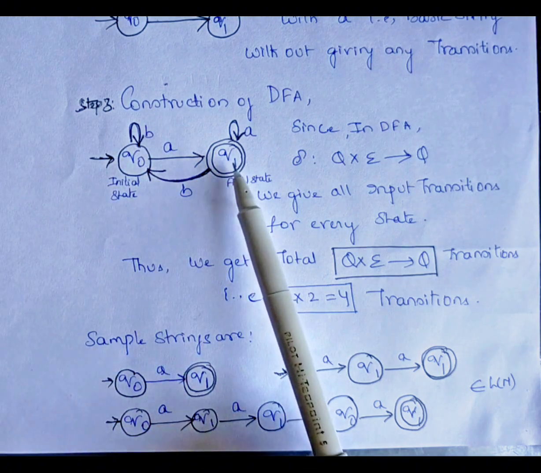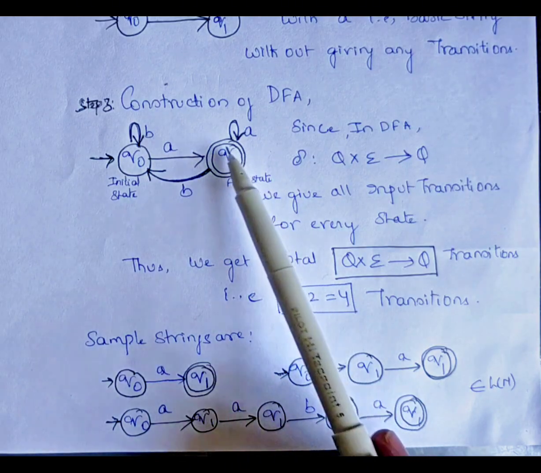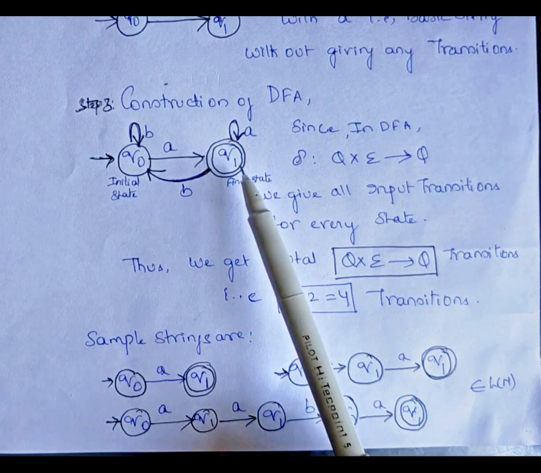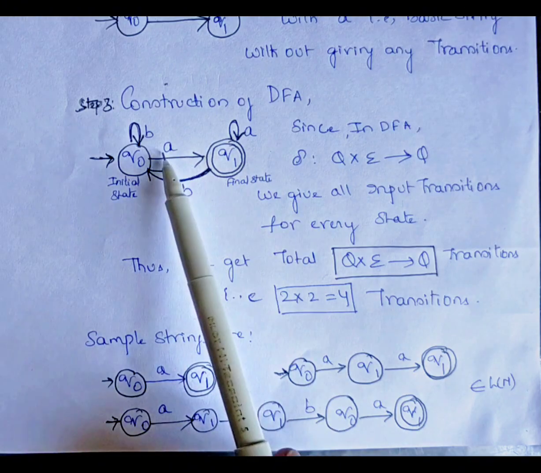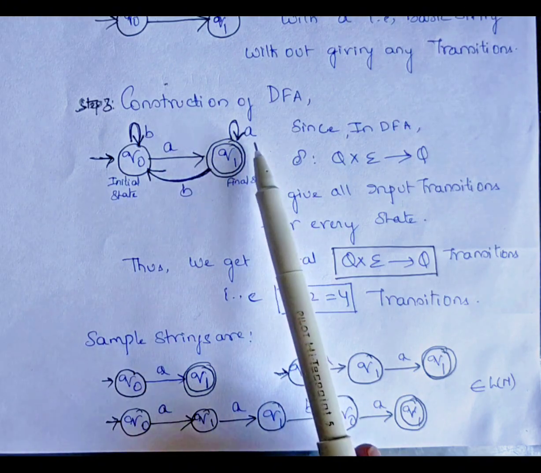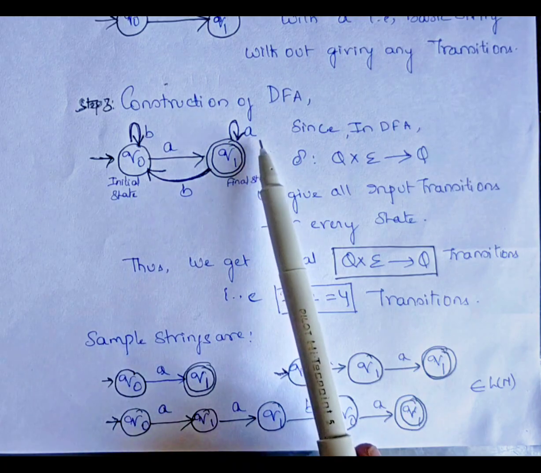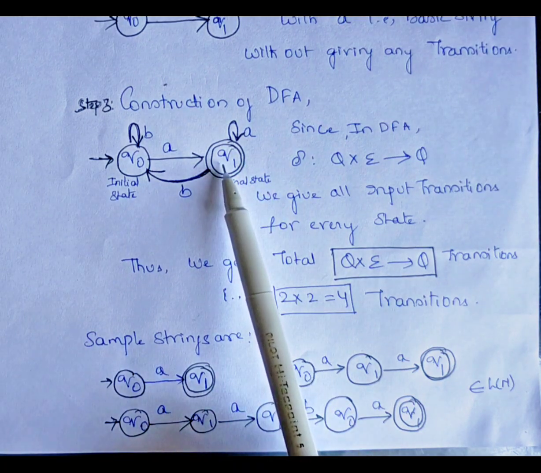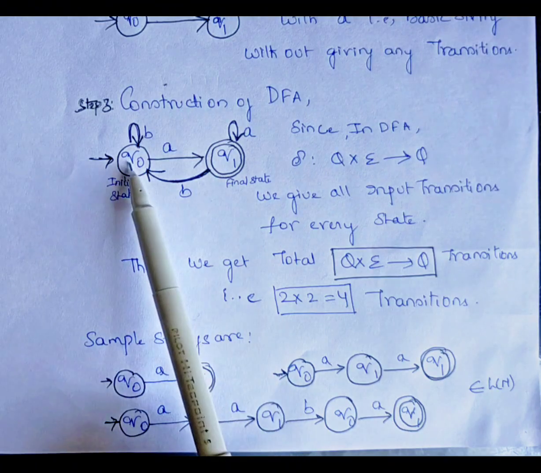Similarly, we need to define a transition for the state Q1. Q1 upon reading A can remain in the same state. No need to change to the next state because the language is ending with A. So here we give the transition to the same state on symbol A. Q1 on B should go to the next state, which can be the initial state.